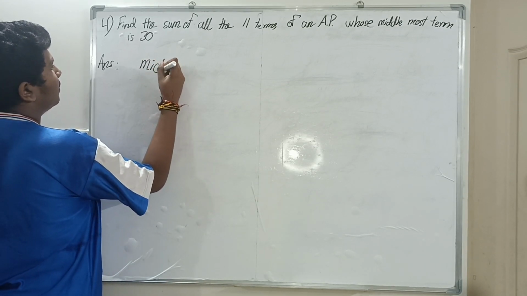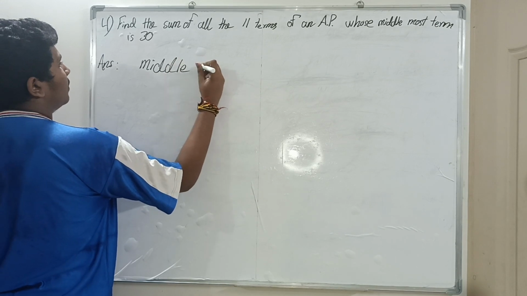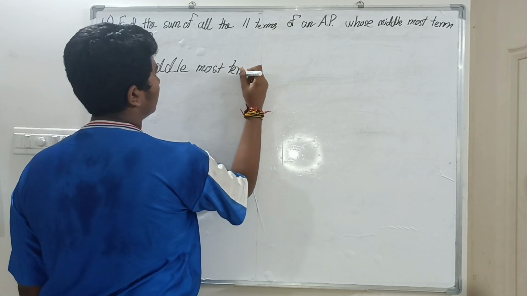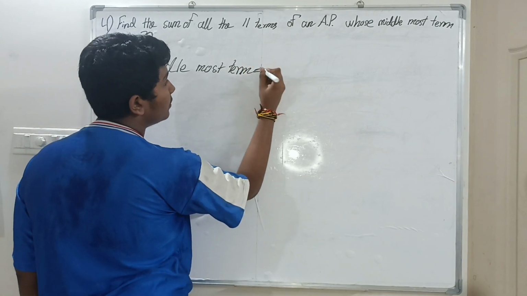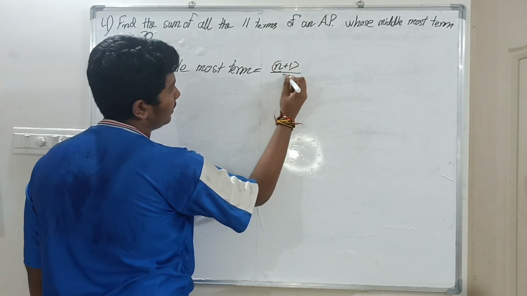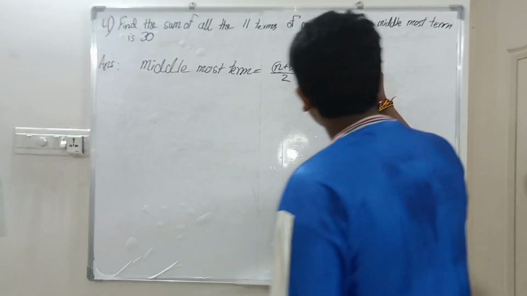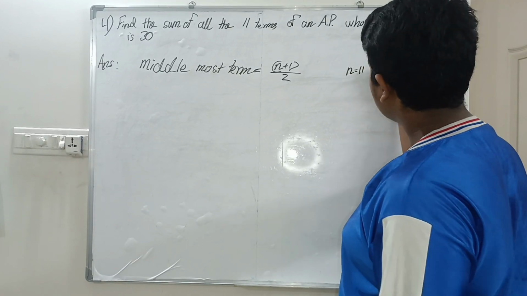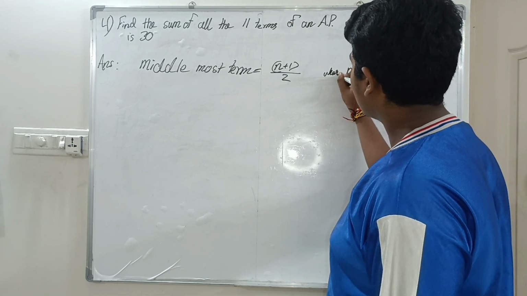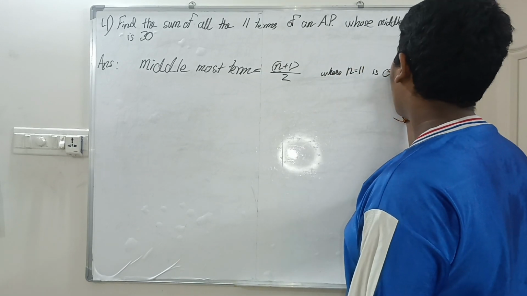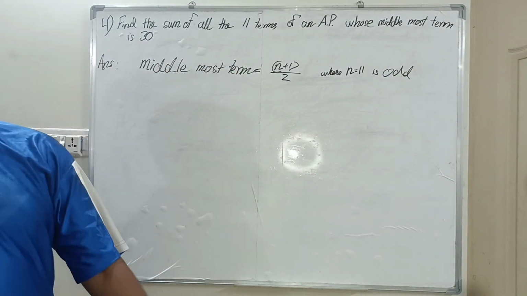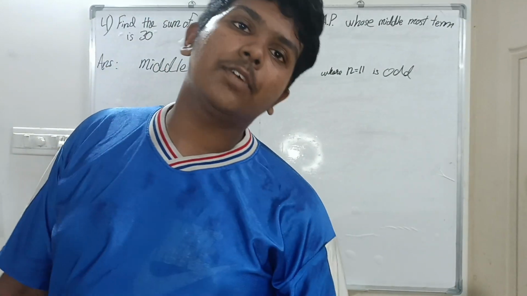Middlemost term is equal to (n plus 1) by 2, because n, which is given here 11, is odd. So you can't half an odd number, right?